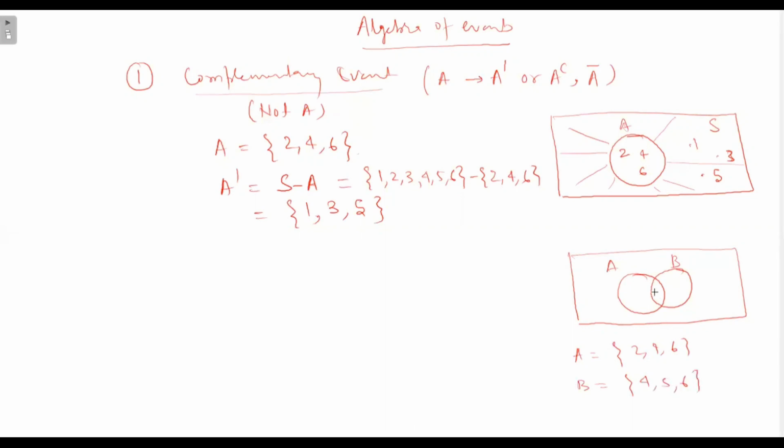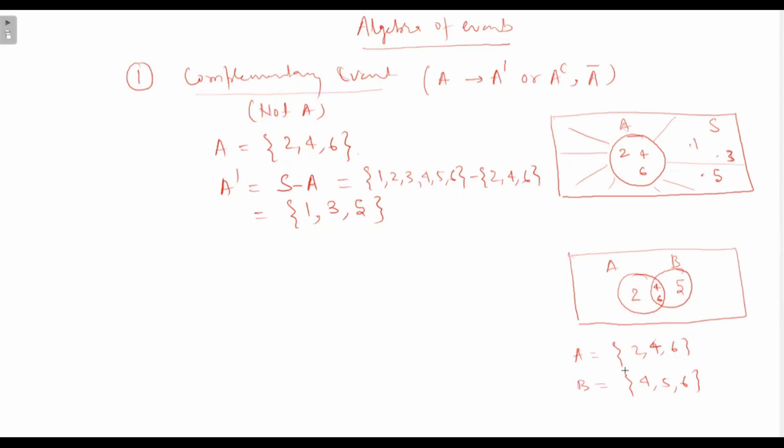When you represent this, 4 and 6 would be over here because they are common to A and B. 2 would be over here because it's not in B. And 5 would be here because that's not in A. This representation is what we call a Venn diagram.